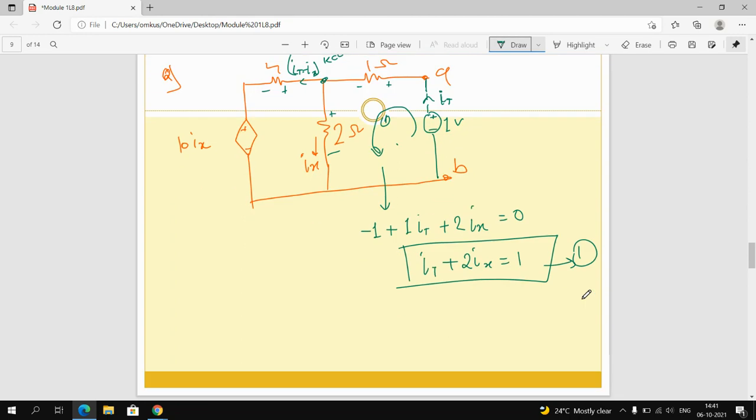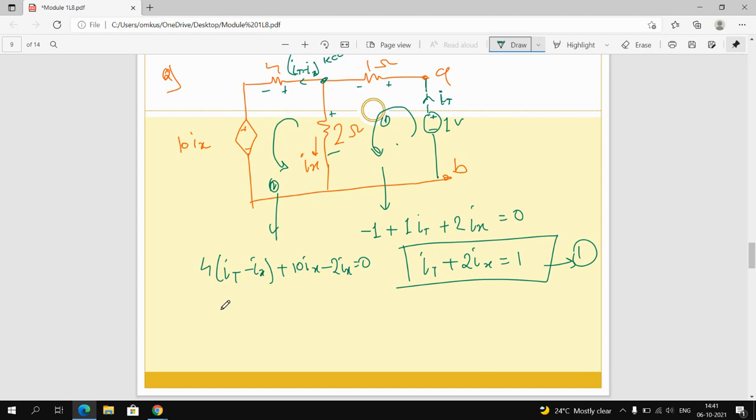Now apply KVL here in the second loop. You will get the total current flowing in that loop, that is 4 (IT minus IX) plus 10 IX. Now see, the first polarity is minus, so minus 2 IX equal to 0.